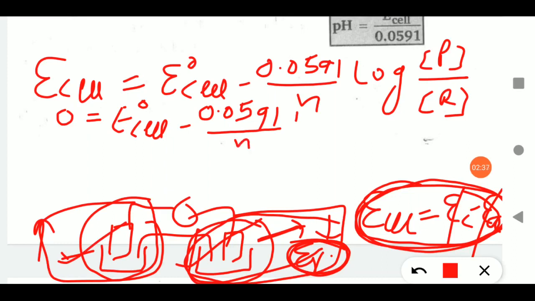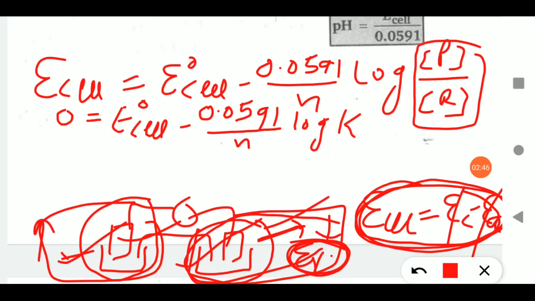When the potential of cathode and anode is the same, the ratio of concentration of product to concentration of reactant is known as the equilibrium constant, giving log Kc. In class 11th we have discussed this.